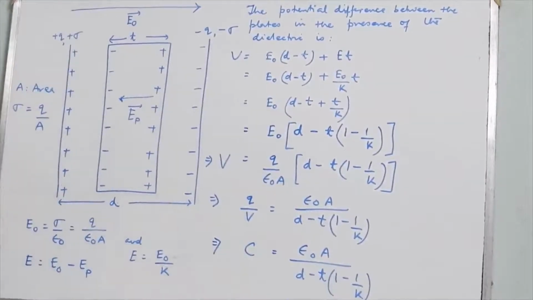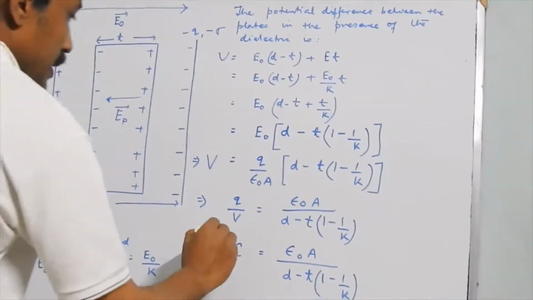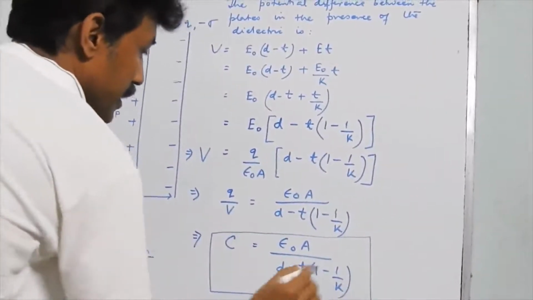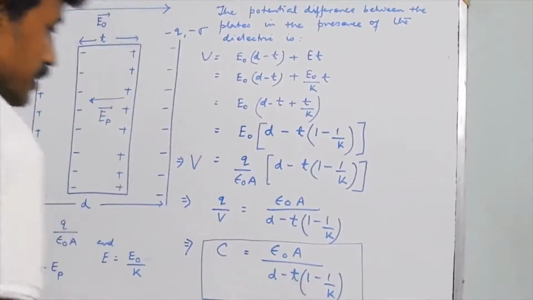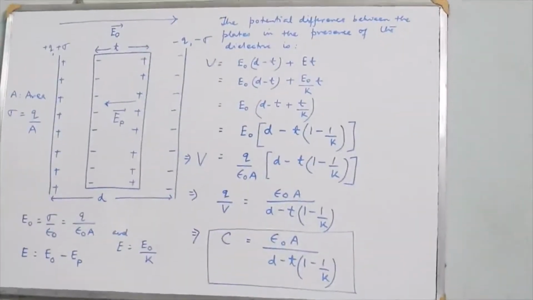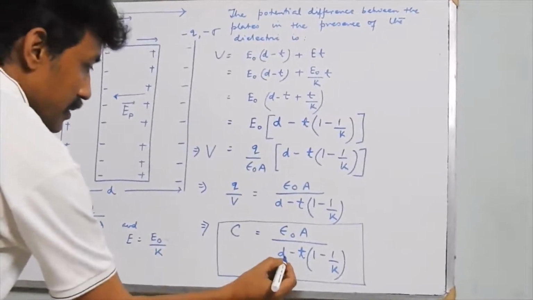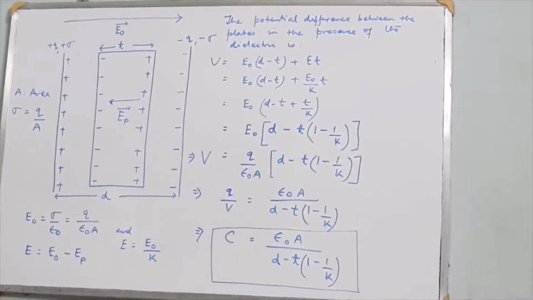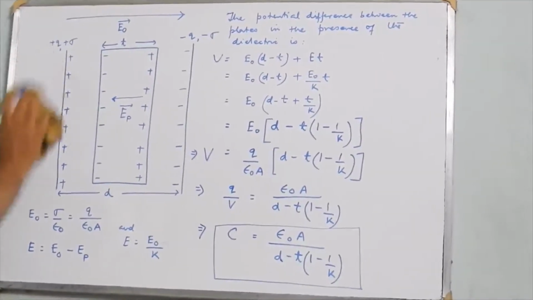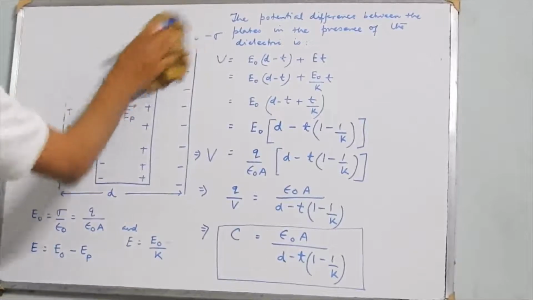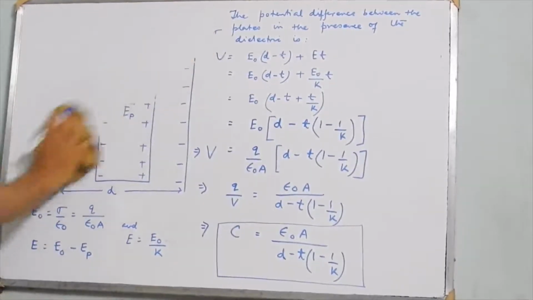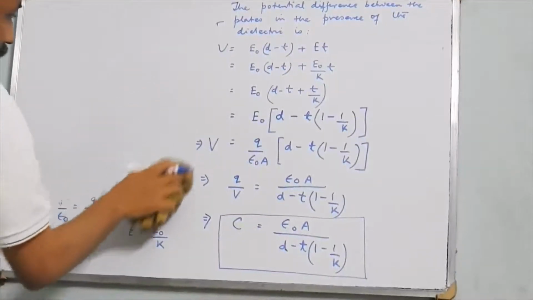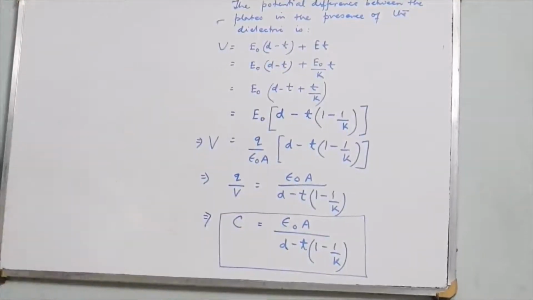So this is the capacitance of the capacitor in the presence of the dielectric slab of thickness T and dielectric constant capital K. D was the original separation between the plates and T is the thickness of the dielectric. Now what we realize is that this value of C is definitely greater than the initial value of the capacitance when the dielectric was not present.